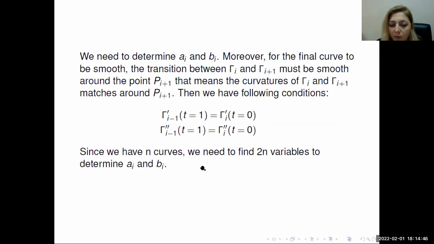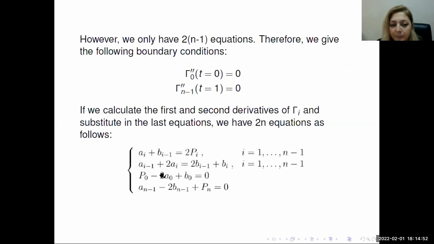Since we have n curves, we need to find 2n variables to determine A_i and B_i. However, we only have 2n minus 1 equations. Therefore, we give the following boundary conditions.